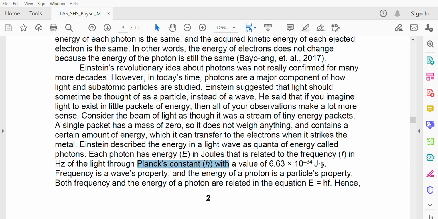The dot between the joules and the second is a shortcut for multiply, so joules multiplied by second. Frequency is a wave property, and the energy of a photon is a particle's property. Both are related in the equation E equals hf, where E is the energy, h is Planck's constant, and f is the frequency.